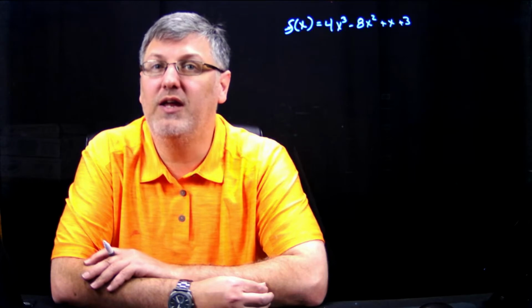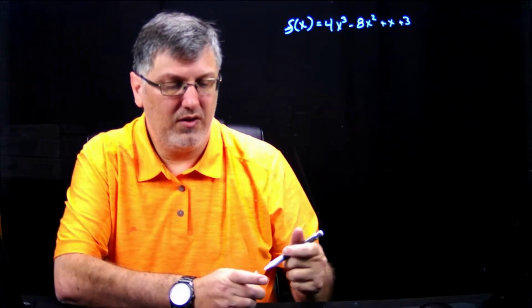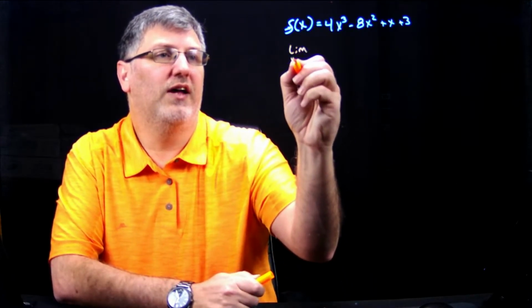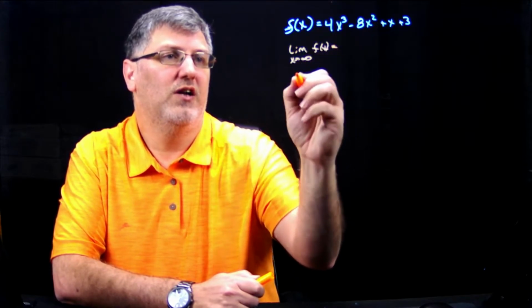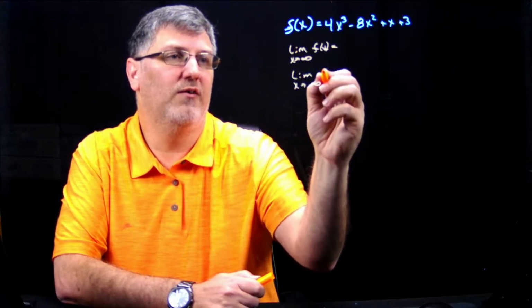So the first thing I want to look at is the end behavior. My end behavior for this function is the limit as x approaches infinity of my function and the limit as x approaches negative infinity of this function.